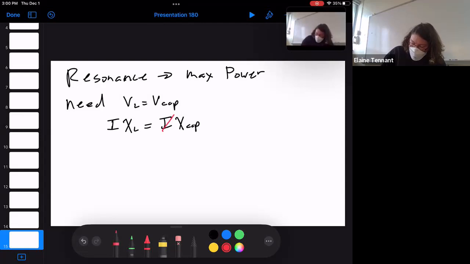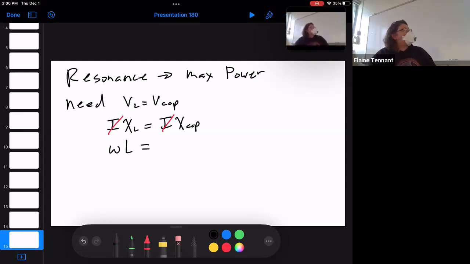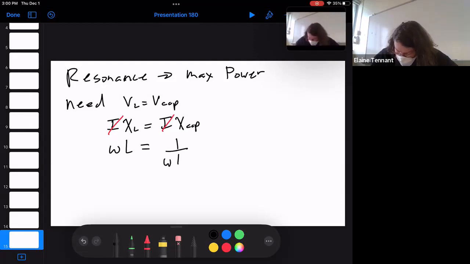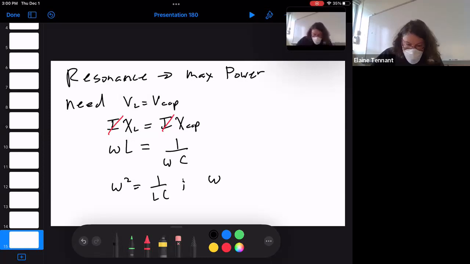And you cancel out your currents, and you say the reactance of your inductor is omega L. The reactance of your capacitor is 1 over omega C. So your resonance will occur when the angular frequency of your circuit equals 1 over the square root of LC.